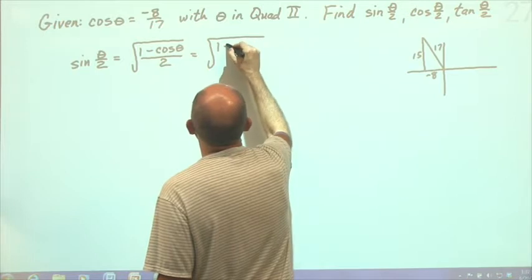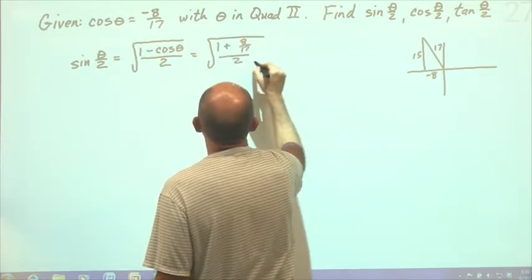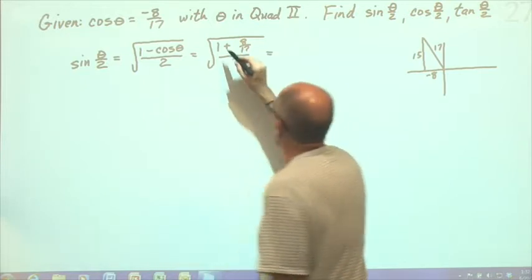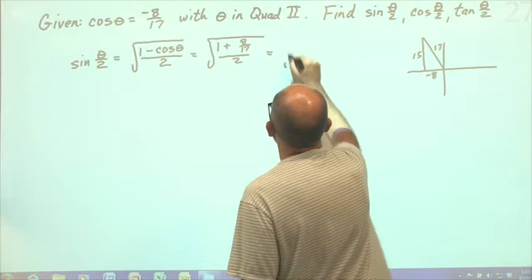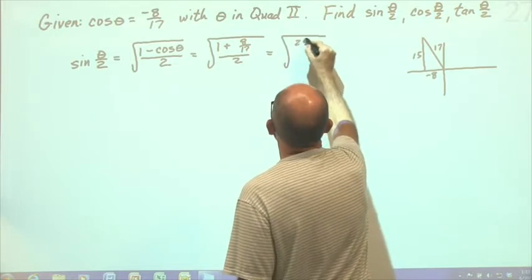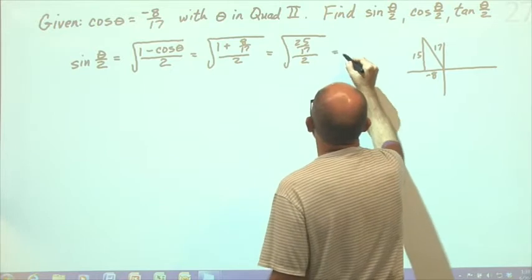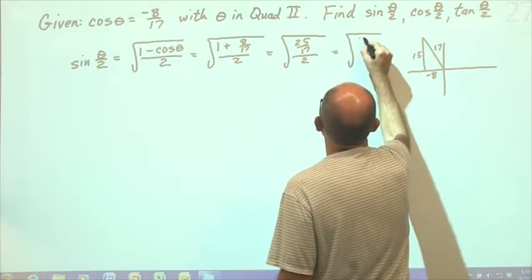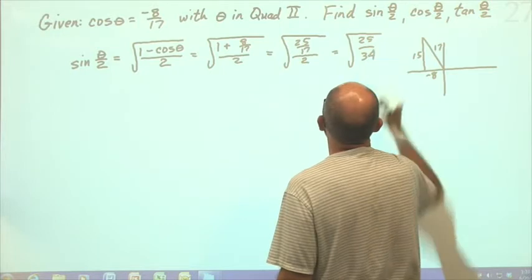So it's 1 plus 8/17 all over 2. And 1 is 17/17, so we have square root of 25/17 all over 2, which means the square root of 25/34.